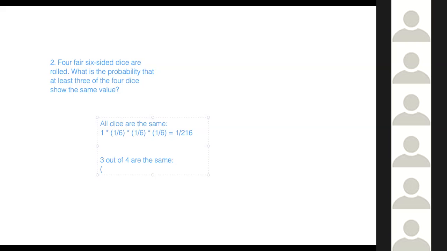And since there are 4 outcomes, it becomes 4 times 1 times 1/6 for the second dice. It has to be a certain number. 1/6 for the third dice has to be a certain number too.